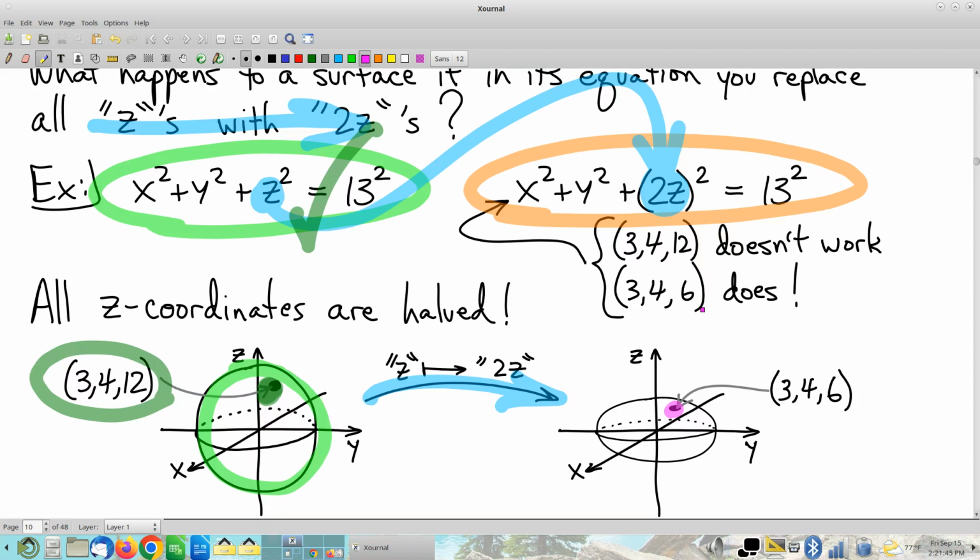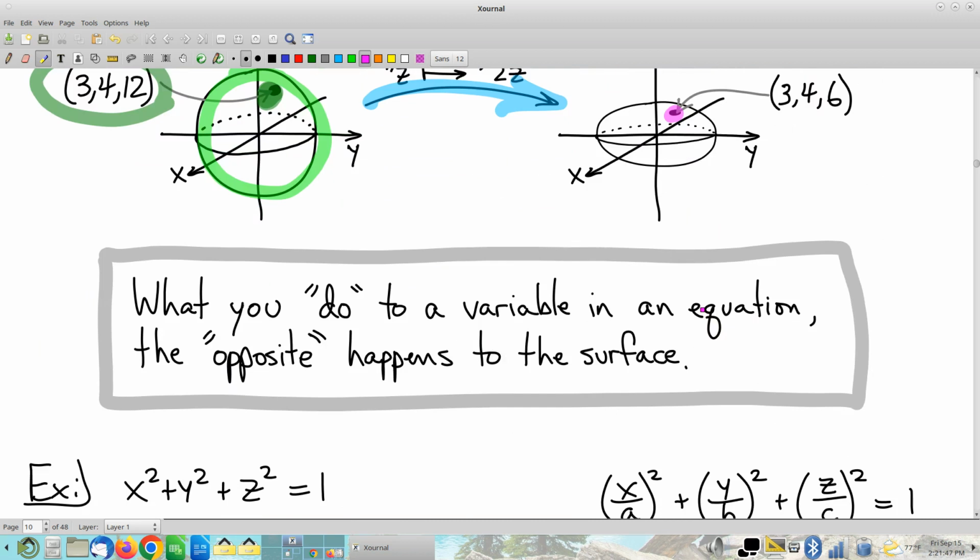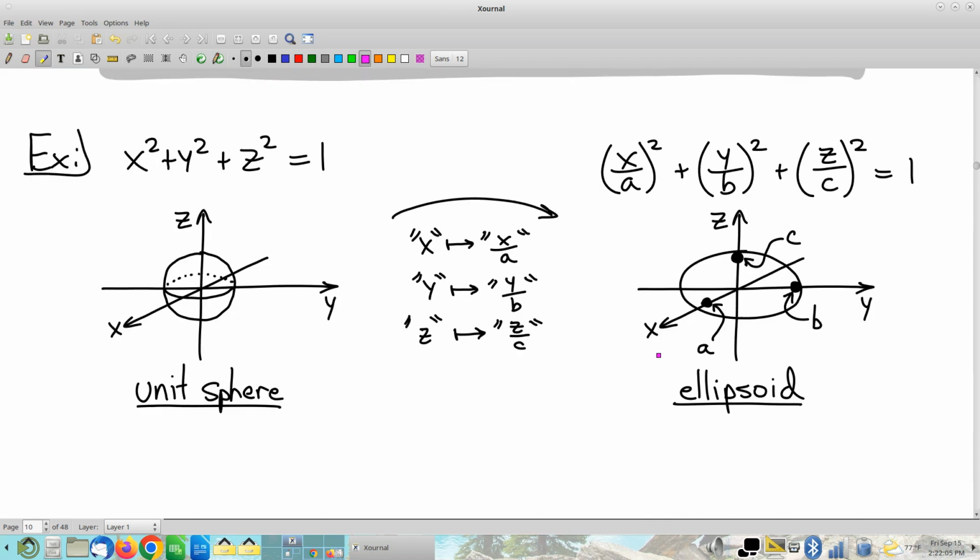Or the way I like to say it, whatever you do to a variable in an equation, the opposite happens to the surface. You replace z with 2z, the z coordinates are half as big. Everybody buy it? Okay. All right, so various examples of this.